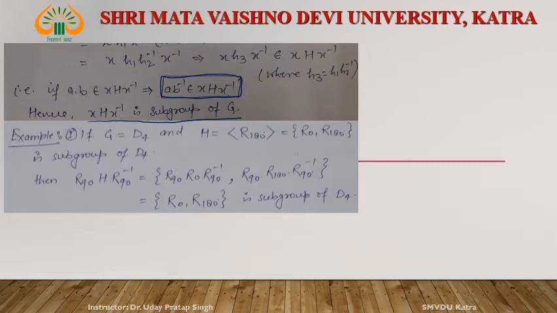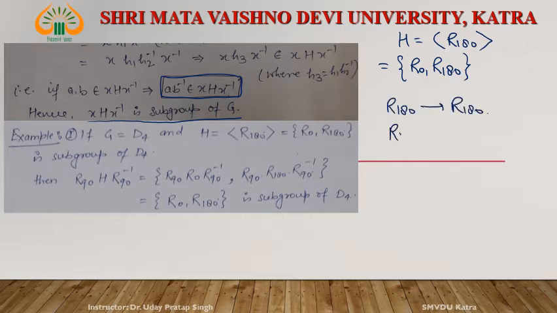Now see the example. If G is equal to D4, the dihedral group, then consider H. What is H? H is generated by R180. If we operate R180 one time, this is R180, but R180 with R180 gives us R0.